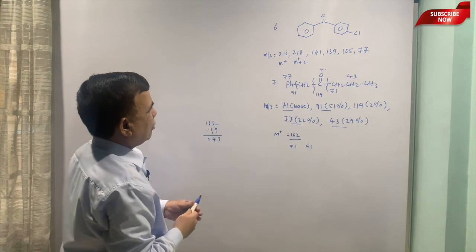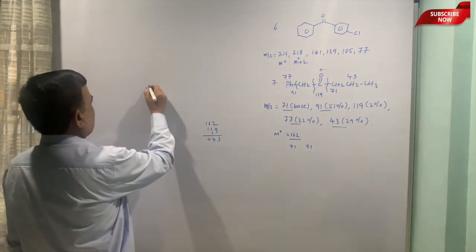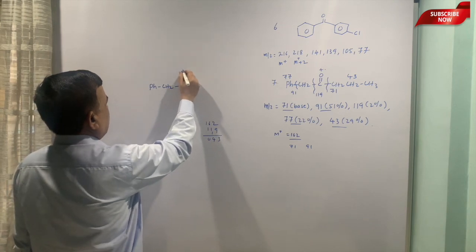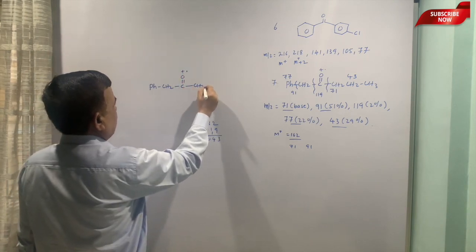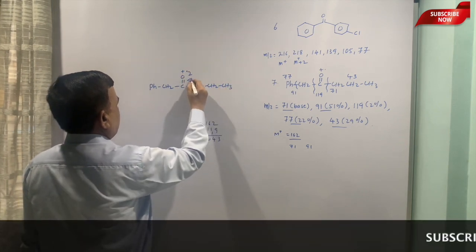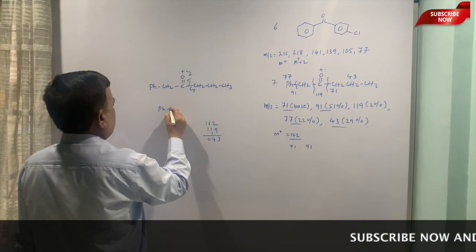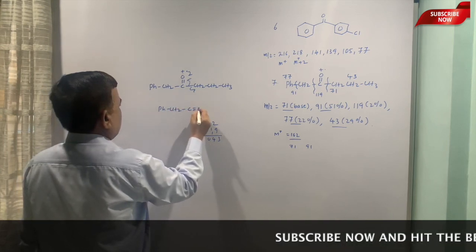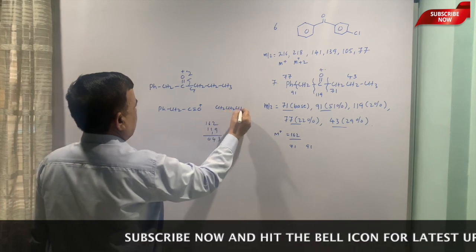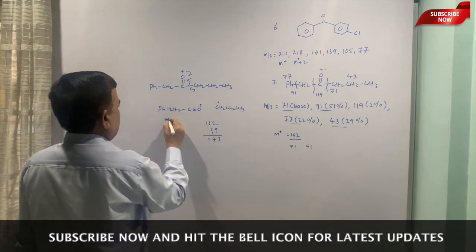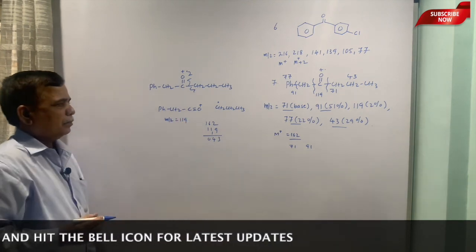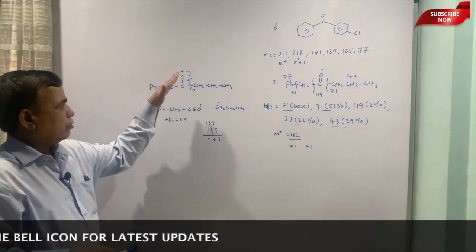I will just show how that 119 can be explained. CO radical cation, let me put CH2 CH2 CH3. This is one easiest method, PhCH2C triple bond O plus, and the other entity would be the radical. This is M by Z is equal to 119. So that is how you are supposed to show.